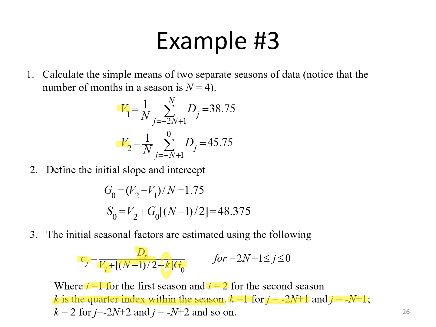That means this is the first period, or the first quarter, either in the first season or in the second season. When K equals 2, then we talk about the second quarter in the season, either in the first season or the second season. This is what index K means.